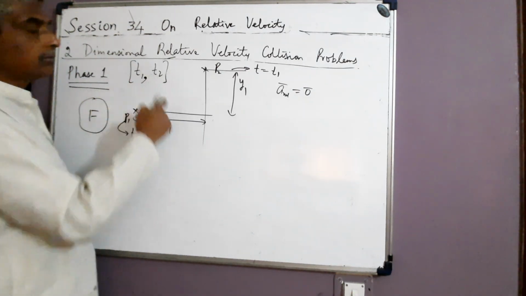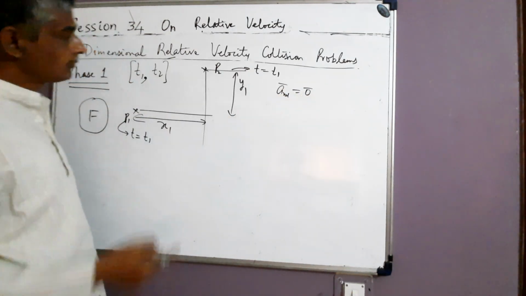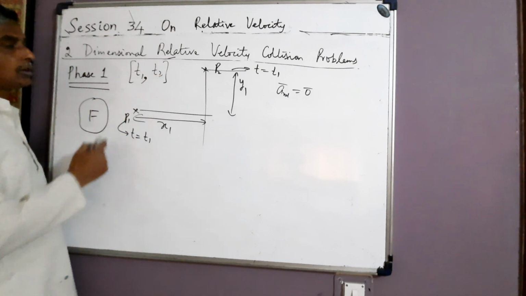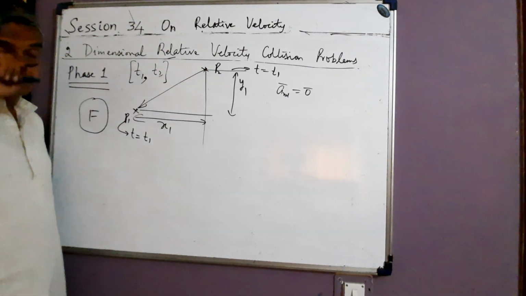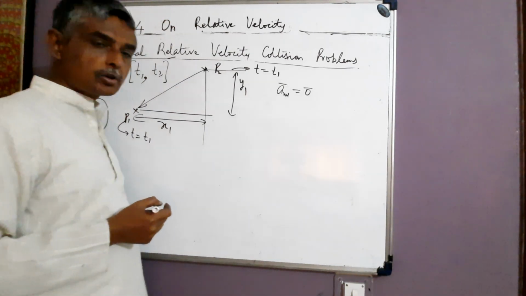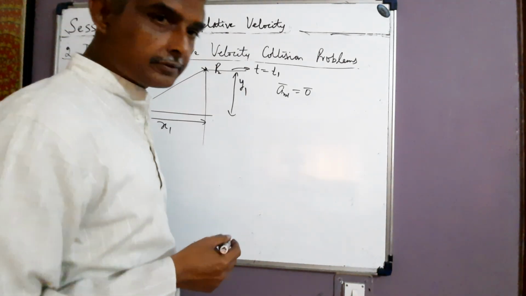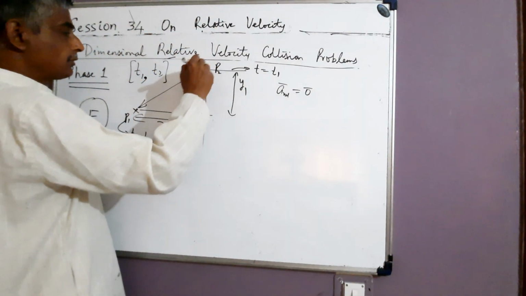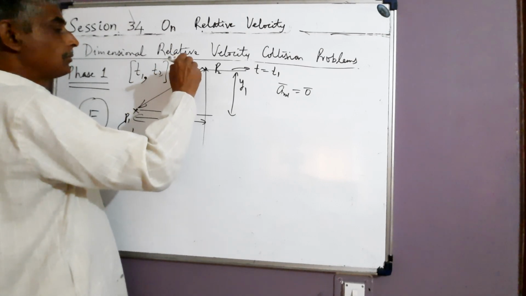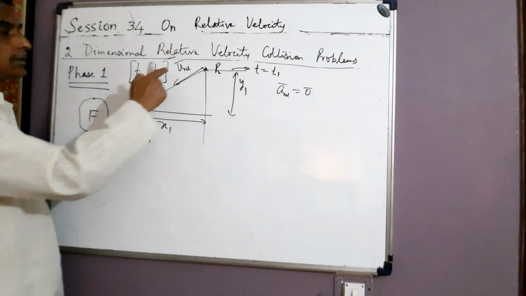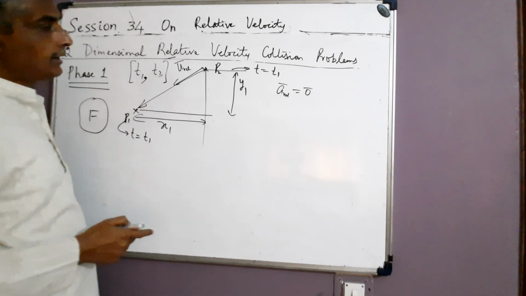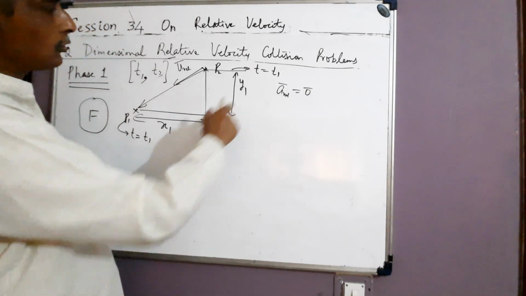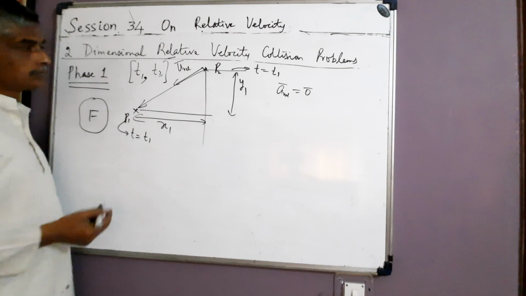So in time interval t1 to t2 relative acceleration is 0. So in time t1 to t2, p1 will observe that p2 is moving in a straight path directed towards p1 at a constant relative velocity of u relative, that is u2f minus u1f. So u relative also coincides in this direction. So u relative is the relative velocity of p2 with respect to p1 in frame f at t = t1, and that is also the constant relative velocity at all time instants of this interval.